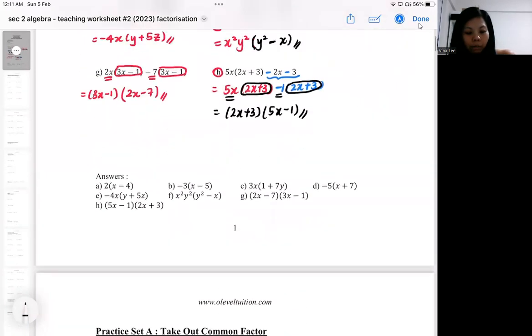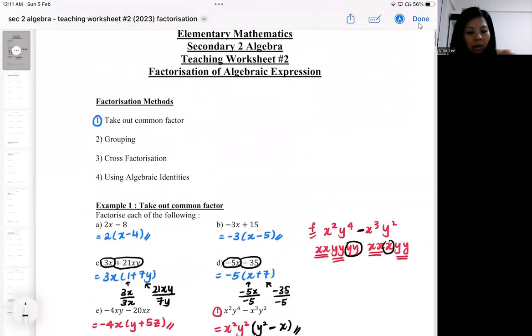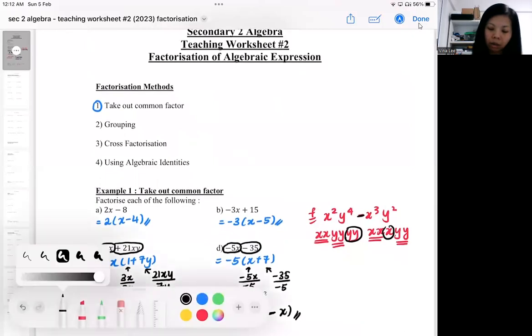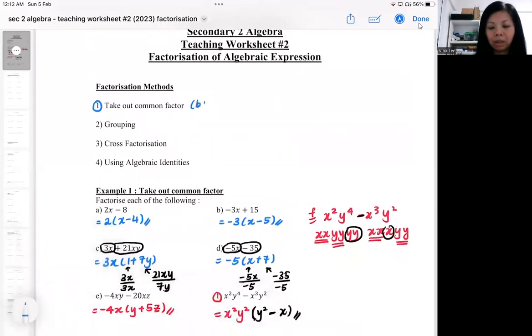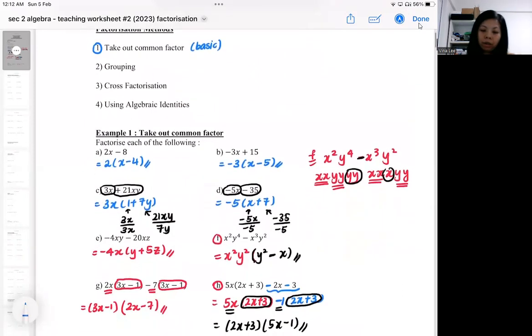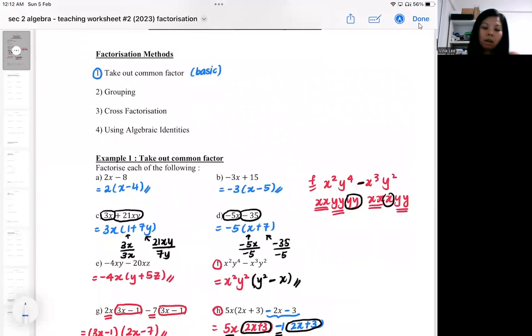You can practice this idea. When we go to the methods on grouping, we utilize this idea of taking out common factor. Otherwise, take out common factor will be the basic technique that you must try for all factorization.